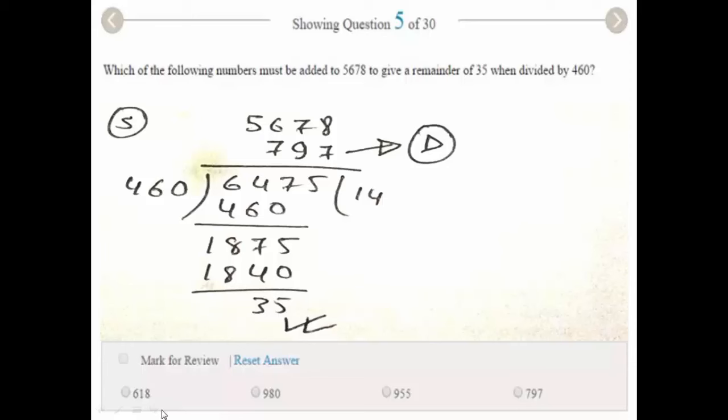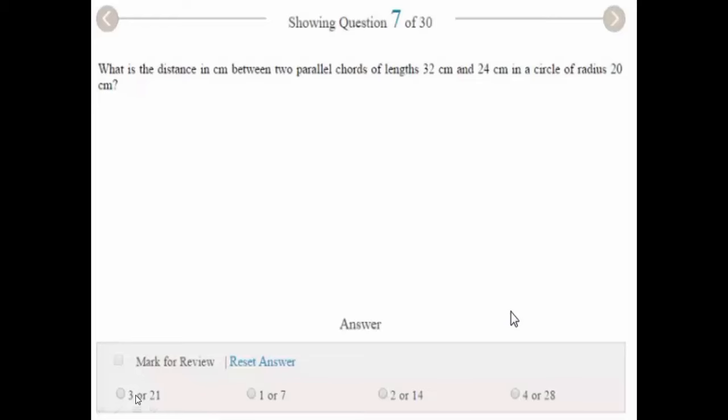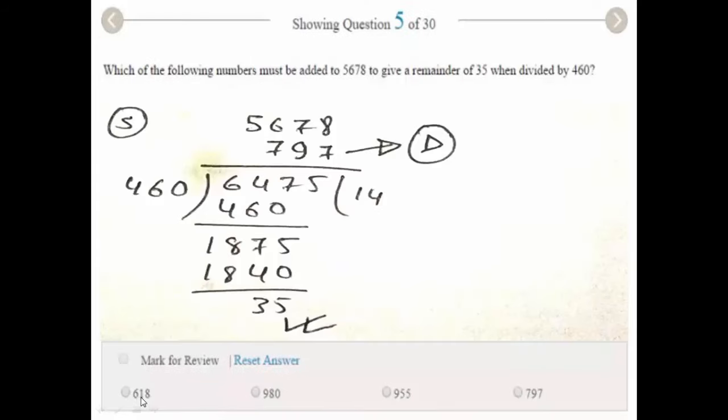If you add this one, then you get 6 at the unit place. If you add this one, then you get 8 at the unit place. If you add this one, then you get 13 at the unit place. But if you add 797, then you get 5 at the unit place.